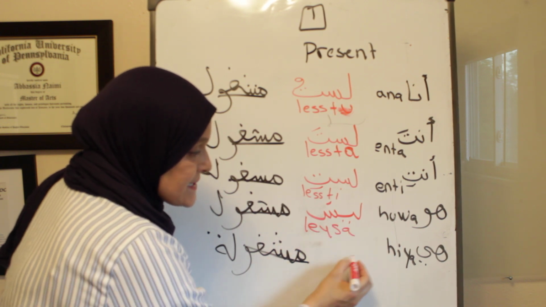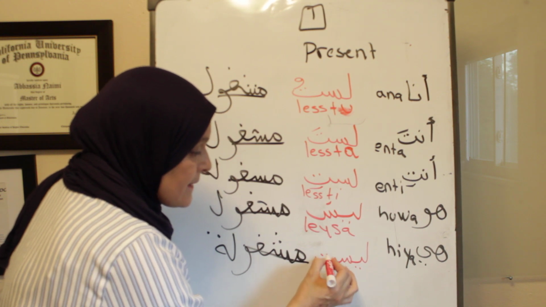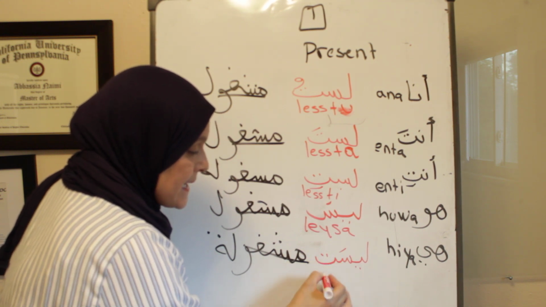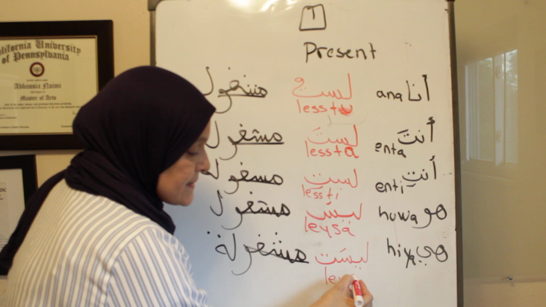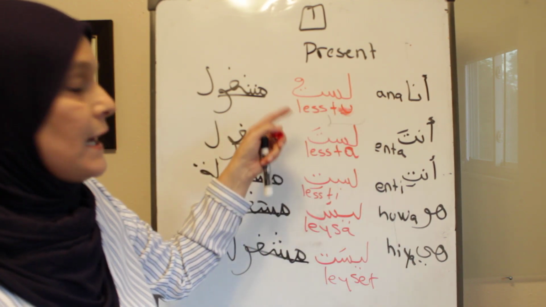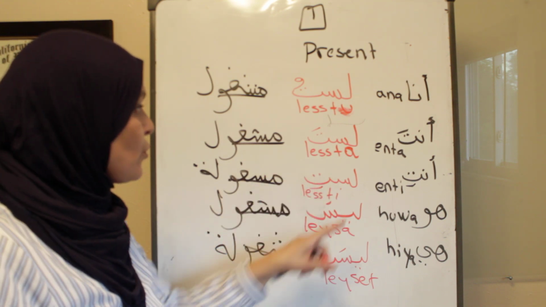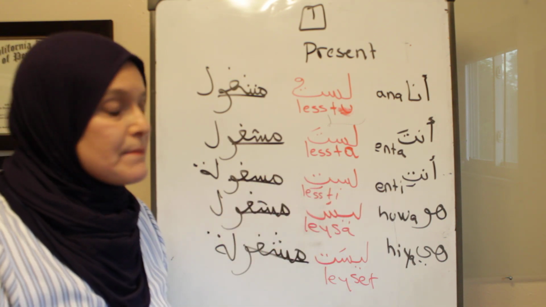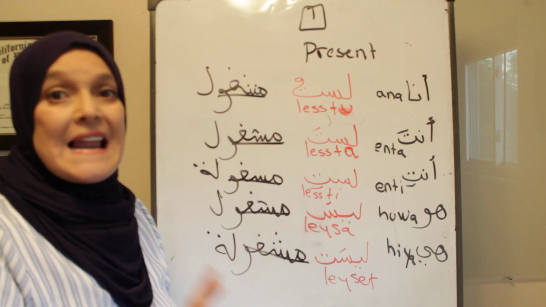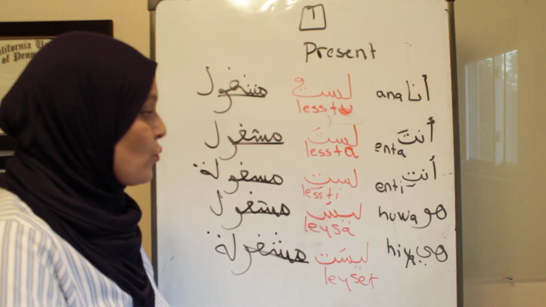For she it is ليست. ليست, lay and set. Okay, so now لست مشغول. أنت لست مشغول. أنتِ لستِ مشغولة. هو ليس مشغول and هي ليست مشغولة.